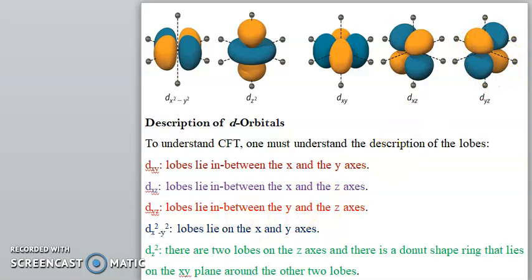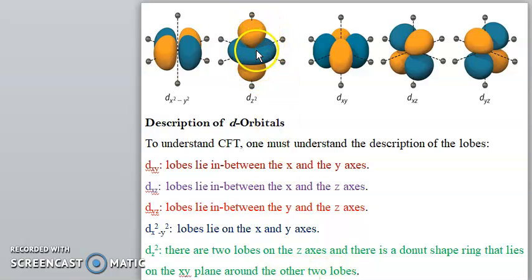Now the next one, the dx square minus y square lobes lie on the x and y axis. Both of these are on the x and y axis. This is the x axis, this is the y axis. And for dz square, there are two lobes on the z axis and there is a donut shaped ring that lies on the xy plane around the other two lobes.